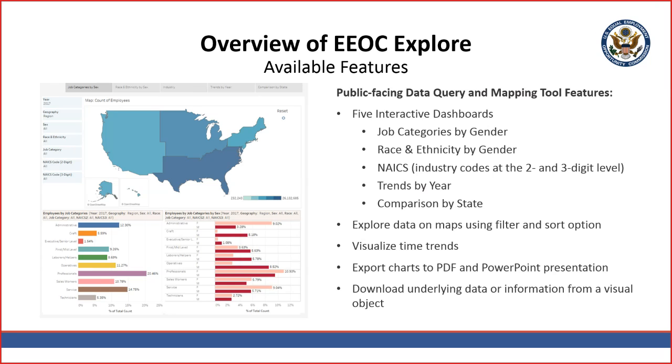On the left, you will see year, geography, sex, race, ethnicity, job category, and 2- and 3-digit NAICS code. Year and geography filters allow only one value at a time, while other filters allow multiple selections from the drop-down list.